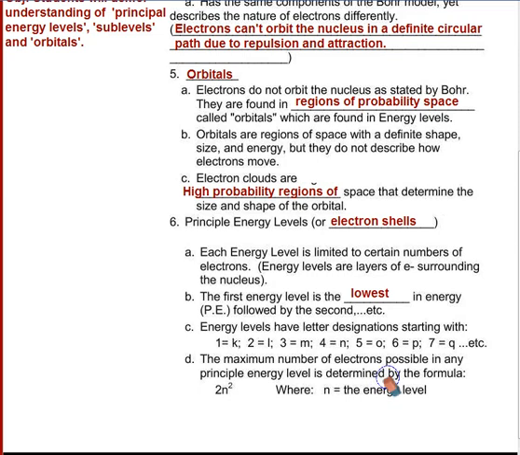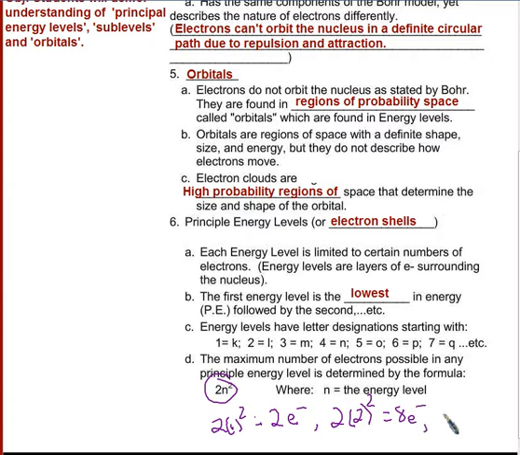The maximum number of electrons possible in any principal energy level is determined by the formula 2n squared, where n equals the energy level. In the first energy level, 2 times 1 squared equals 2 electrons. At the second energy level, 2 times 2 squared is 8 electrons.